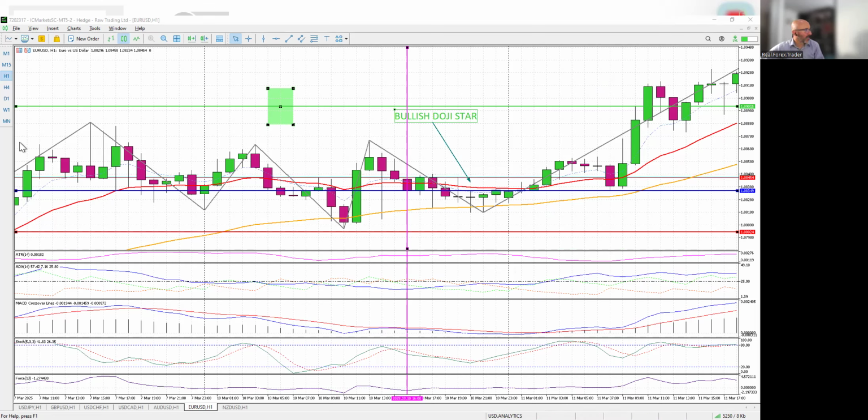There was support. Look at this. Here there is support on the what? On the EMA, right? On the EMA 50. That is another indication for you to see that this is a potential bull move. And everything started with what? Started with the Doji Star, right?